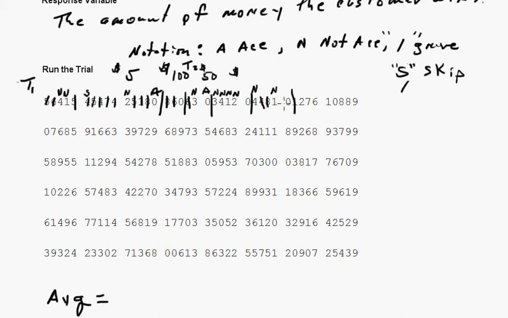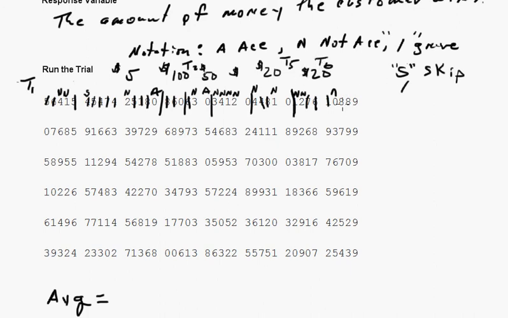So this time it's 3, so that was $20. So where are we at? This trial, 1, 2, 3, 4, 5. So this was trial 5. So let's see. I think I messed up that 1. So not an ace, not an ace, ignore, ignore, ignore, ace. So $20 again.